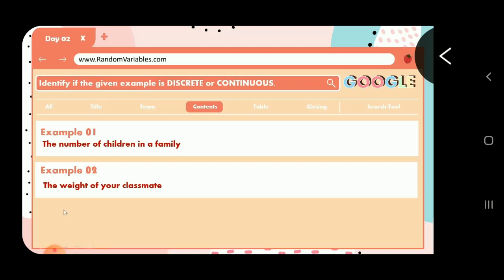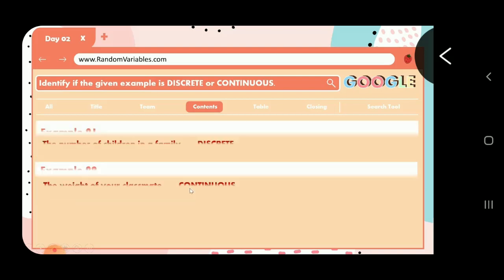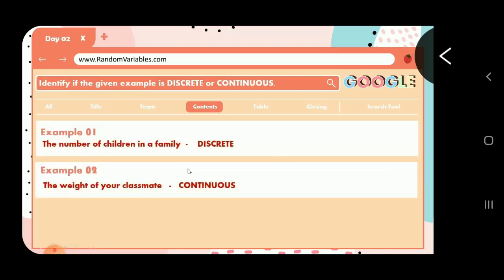You get the weight of your classmate through measuring. We need a weighing scale for this, and the possible units are kilograms or pounds, right? So the weight of your classmate is an example of a continuous random variable because we get the number through measurement.